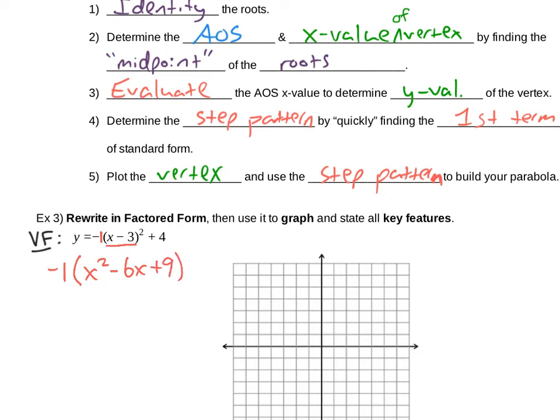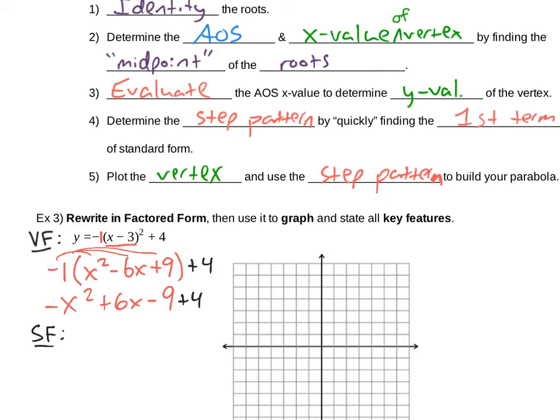But don't forget, there's still the plus 4 over there. Now we're going to distribute to simplify this thing. -x squared plus 6x minus 9, and now we could add the 4. And now we'll have our standard form equation.